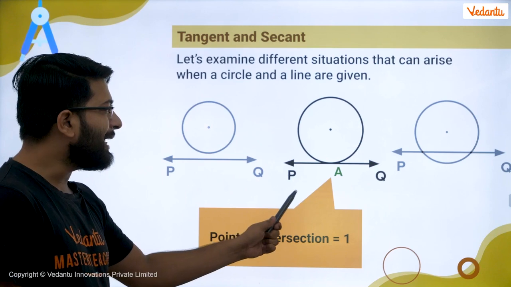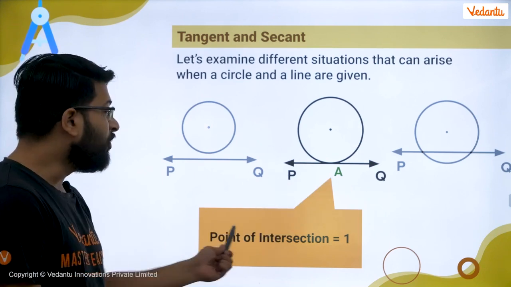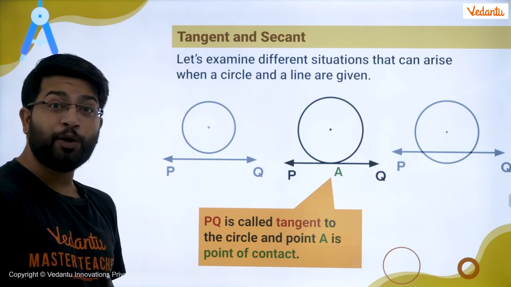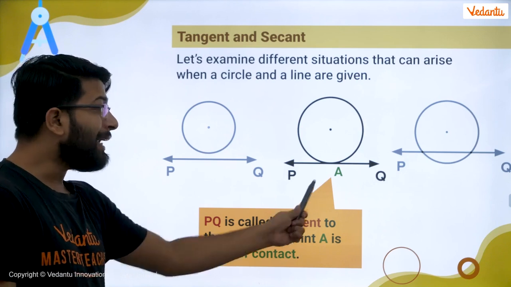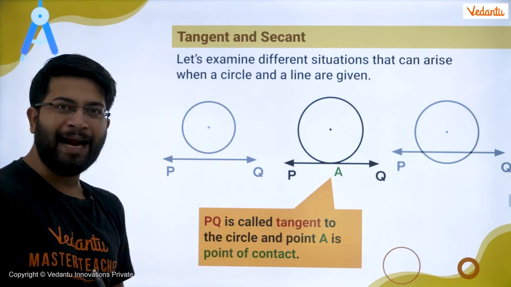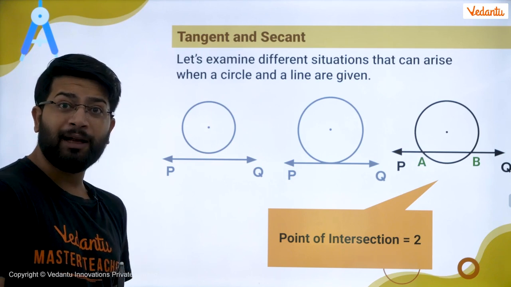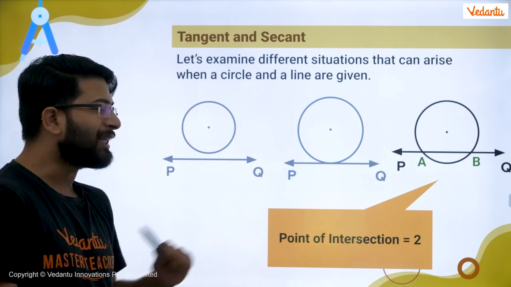Whereas in the second case, line PQ and my circle have 1 point of intersection. So in this case, the line PQ is known as the tangent to the circle, and point A is known as the point of contact or point of tangency. But it could be possible that my line and my circle have 2 points of intersection.